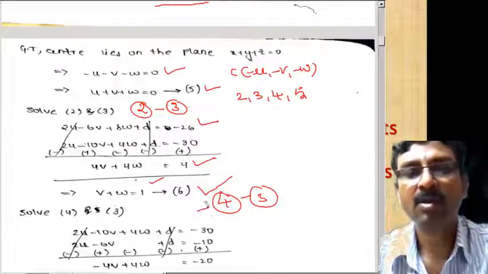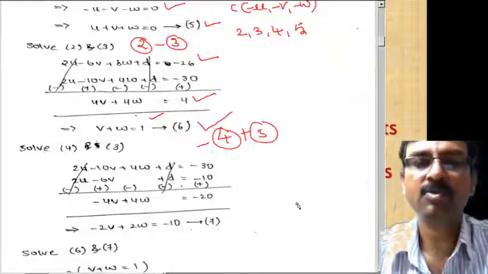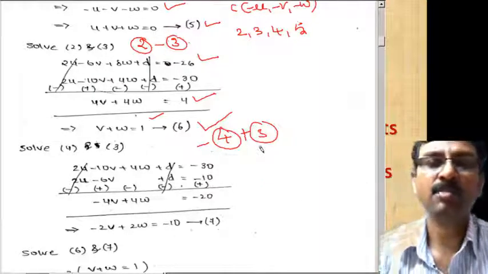Here I have taken 3 minus 4. We can do 4 minus 3 or 3 minus 4. Here it is 3 minus 4.